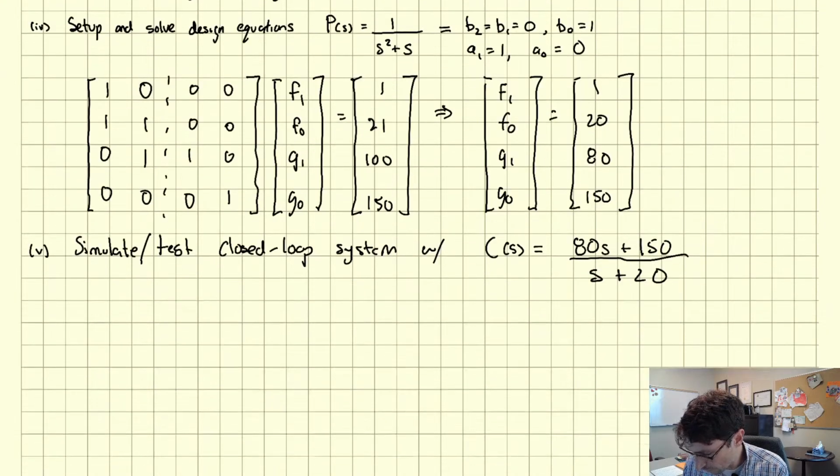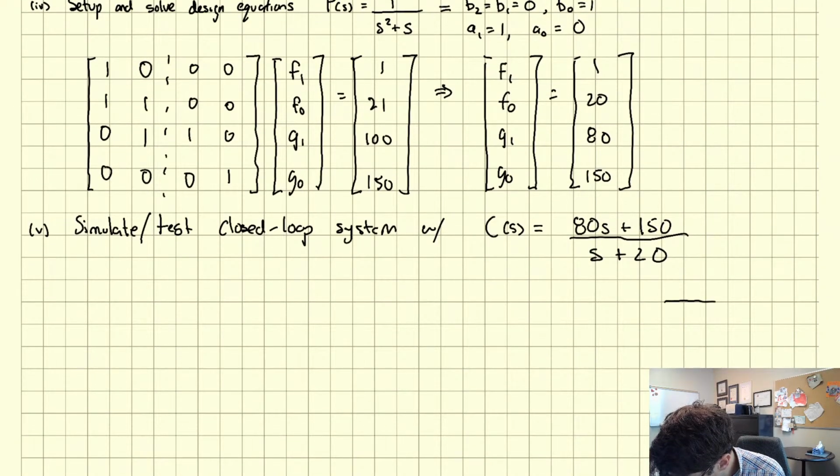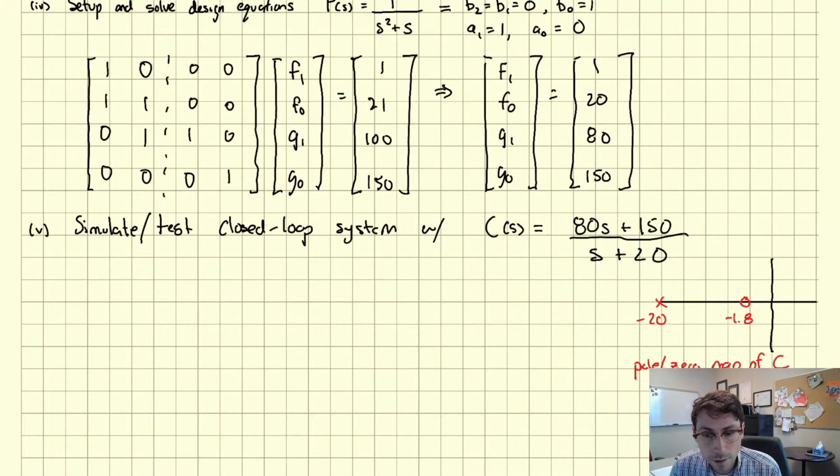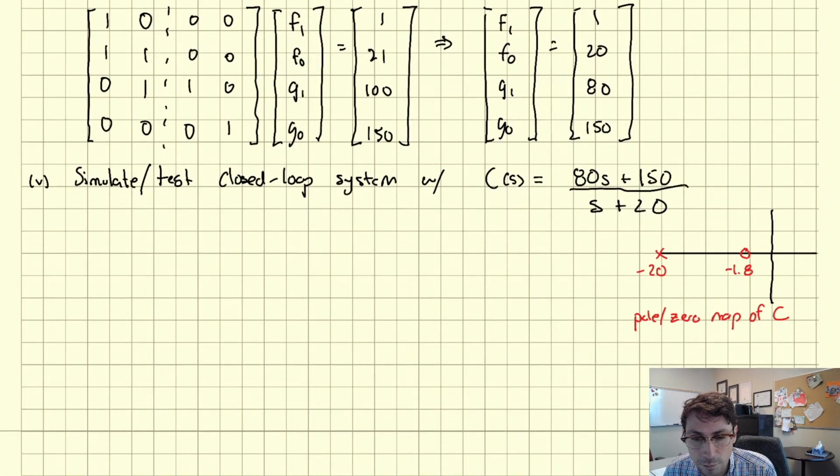By the way, it's maybe of interest to note that if you draw the poles and zeros of this controller, you will see that we have a 0 around here, pole over here, so this is -20, -1.8, so this is the pole zero map of the controller. And you might recognize this, right? This is a lead controller.